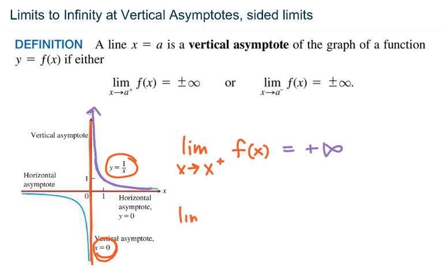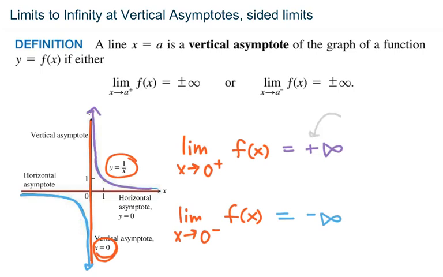And if we also look at the limit as x approaches 0 from the left, and I'm noticing I've written an x up there where I need a 0, so 0 from the right. As x approaches 0 from the left of that function, the graph goes down forever. We would say negative infinity.